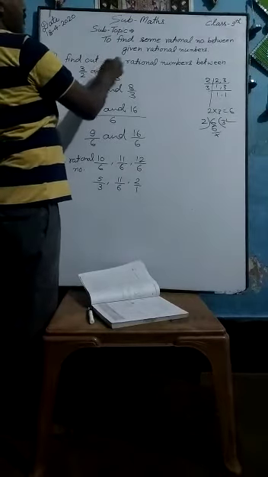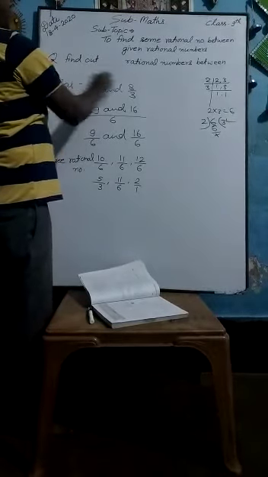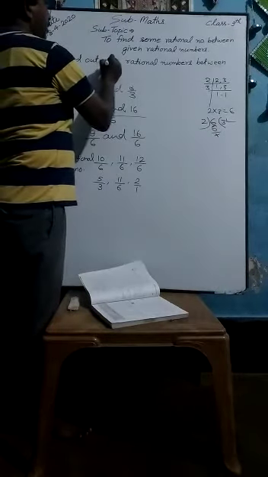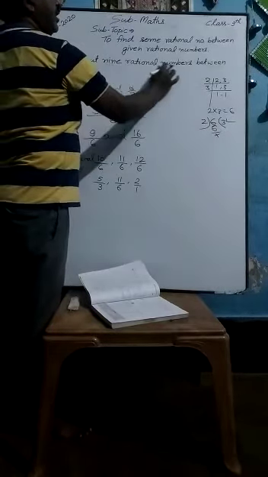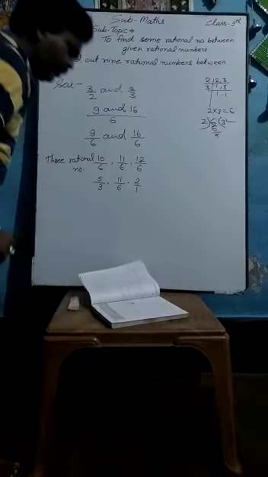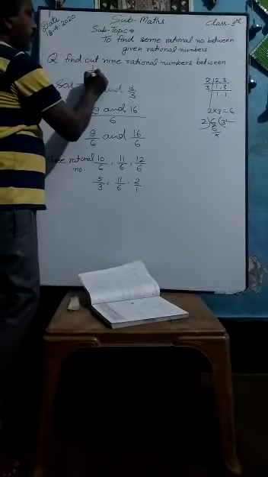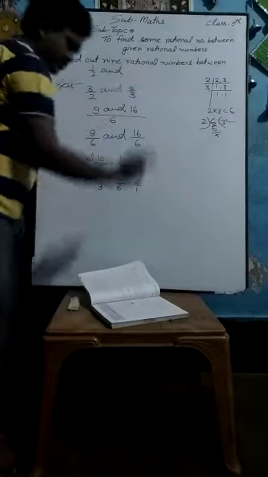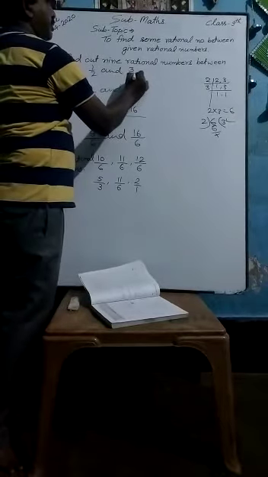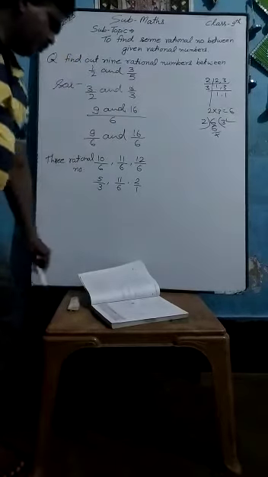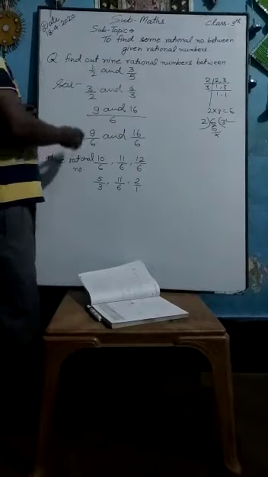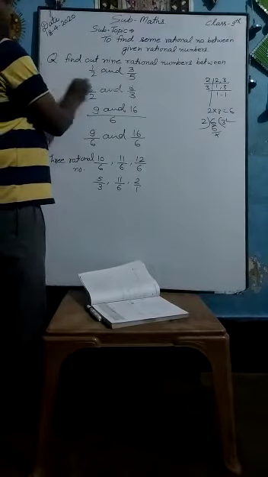If the question is like this: find out 9 rational numbers between the given rational numbers 1/2 and 3/5. Now you have to use the method of solution that I have told you.